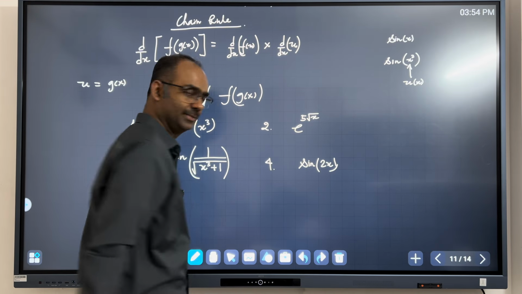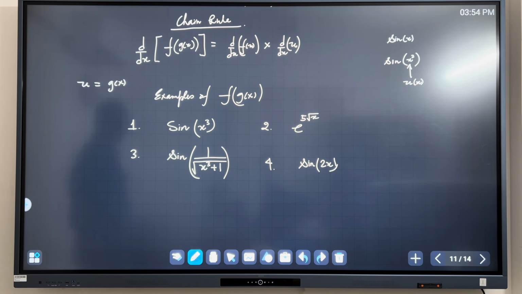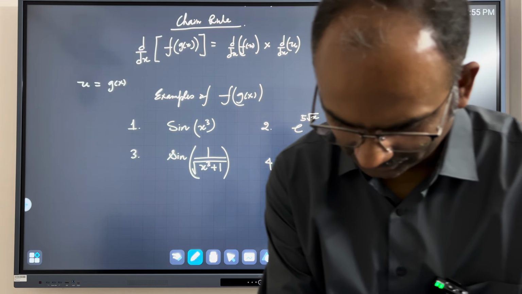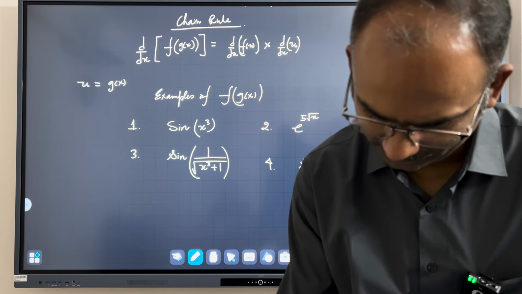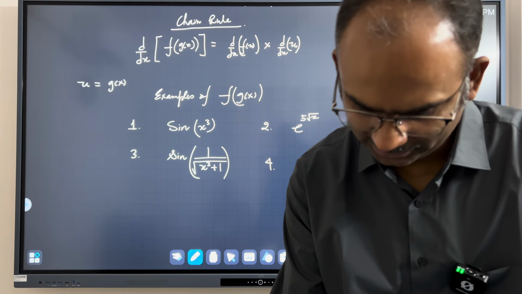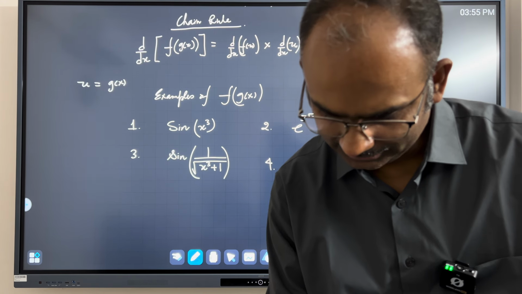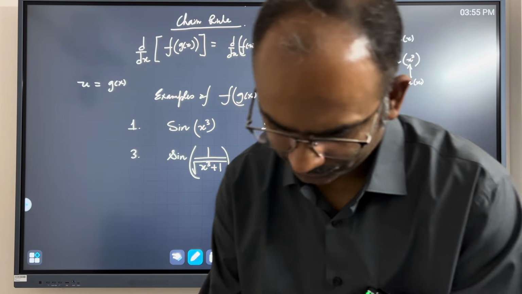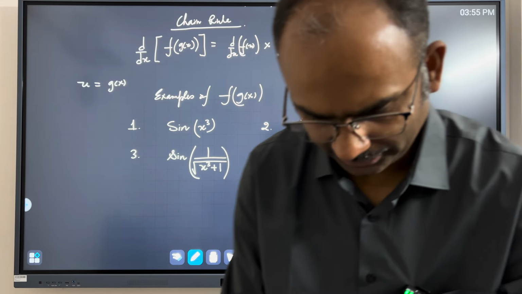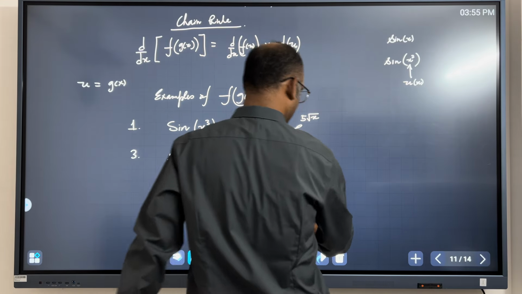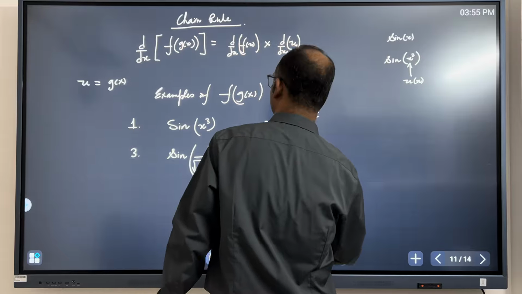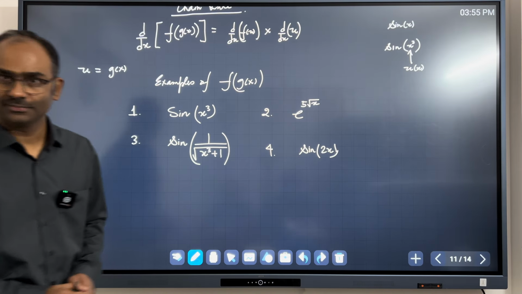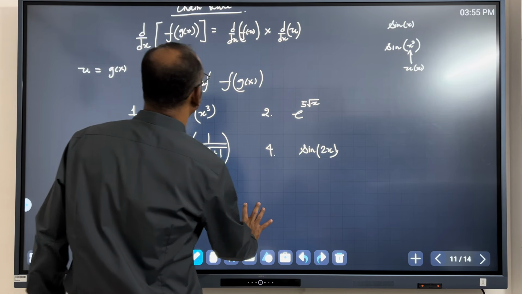Sine of 2x. So let's do some problems which will give us some experience. So I'll start with algebraic functions and we'll move to trigonometric and then exponential. Is the rule okay? So let's take some examples.